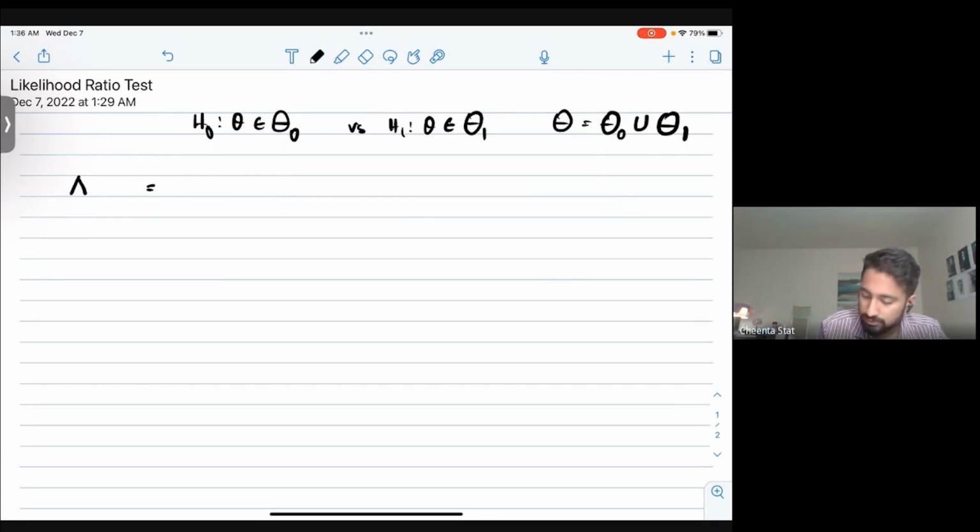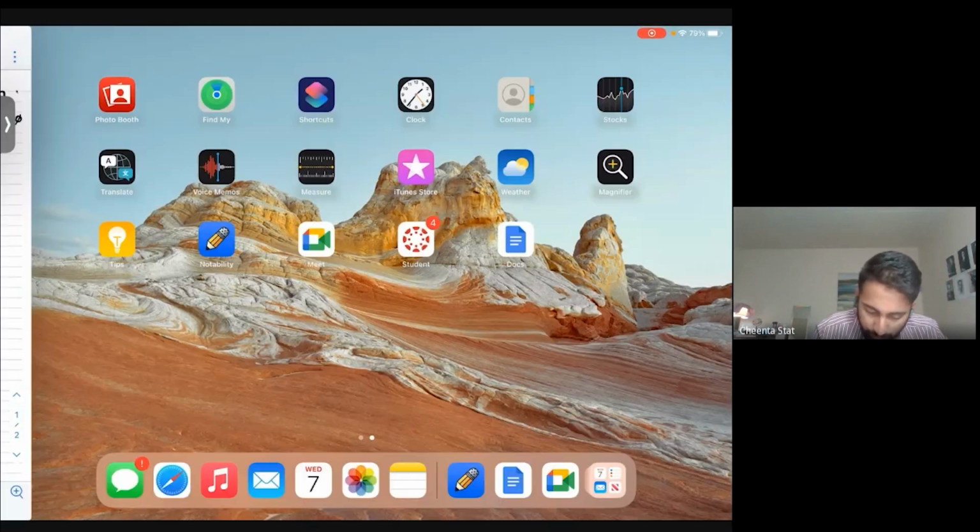Of course, the intersection is equal to phi, meaning they are disjoint.